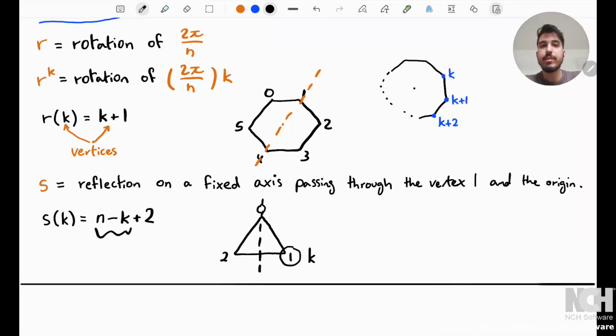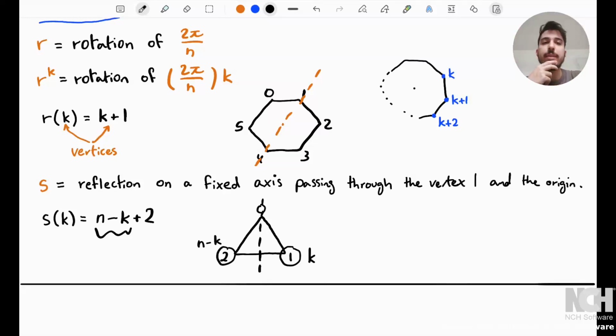Well, 2 in this case would be n minus k because n is 3, right? 3 minus 1 is 2. In fact, n minus k gives you all of the symmetrical vertices about this axis going on 0. So n minus k takes care of the flipping.